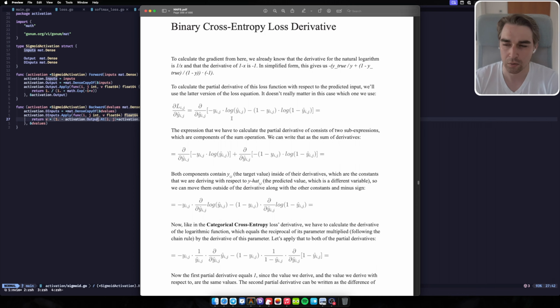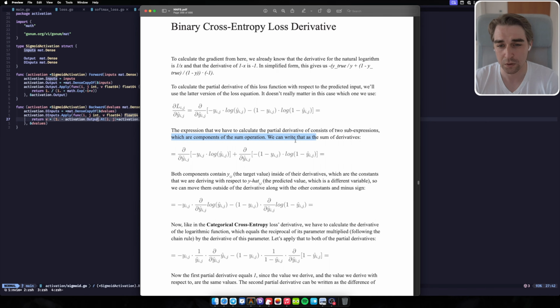So we're calculating the derivative with respect to the predicted values, and we treat the correct predictions as constants. The expression that we have to calculate the partial derivative of consists of two sub-expressions, which are components of the sum operation.